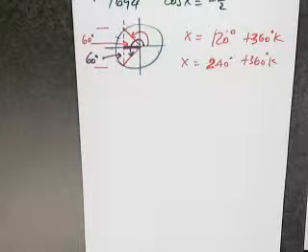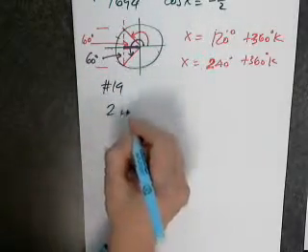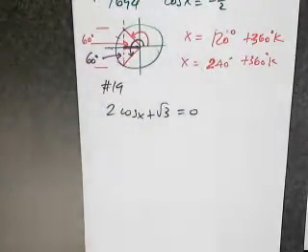Do we need another trig equation? Okay, very good. I'm looking at 19. Let's do 19. We have 2 cosine x plus the square root of 3 equals 0.